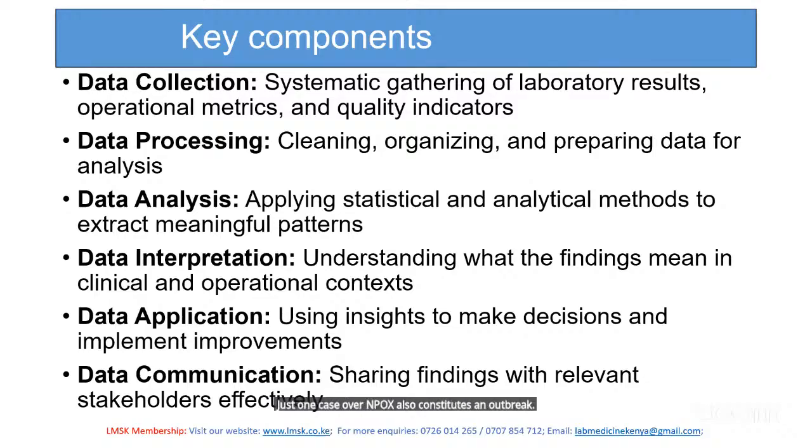So we've got a lot of things. We've even got TB. We've got HIV data that we need to analyze, deduce and interpret so that we can actually inform actions in our area. So this slide is basically about the components of how we go about our data collection.